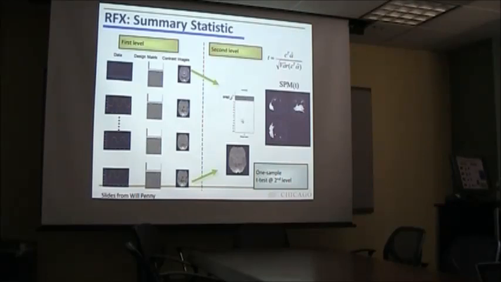In this case, maybe just to run a one sample t-test. So you just want to see, sticking with our example, if this was a contrast image for faces versus houses, and you would test it at a second level, you might see across this group of subjects you have these activations in the visual cortex.